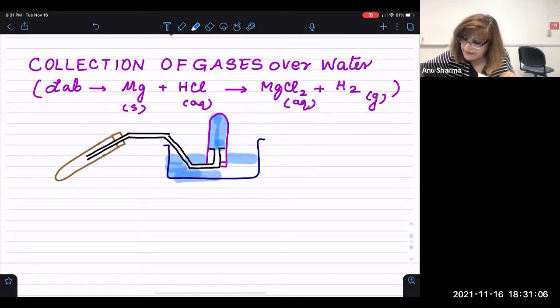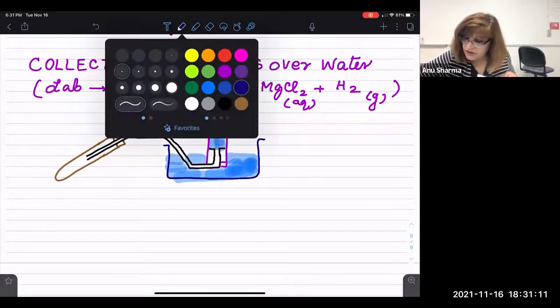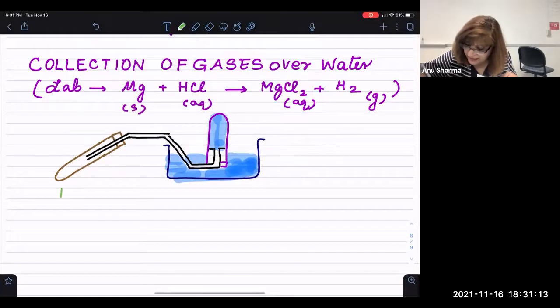Now let us assume that you are trying to get oxygen. So you have KClO3 decomposing. It is a solid here, and you are heating it.